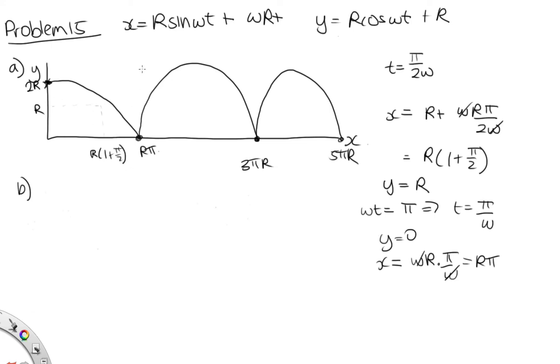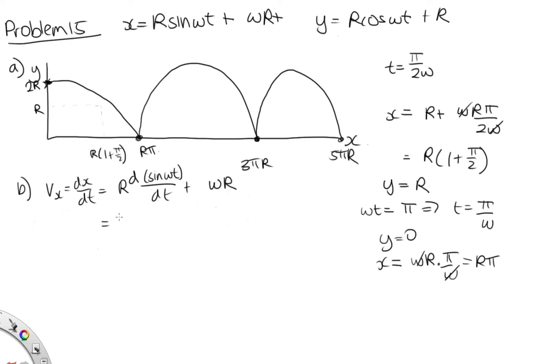So probably the best way to do this is to find the generalized formula for these, and then we can substitute in the specific points we're interested in. So the velocity in the x direction is equal to dx dt. r and omega are constant. So we've got r d sine omega t dt plus omega r.